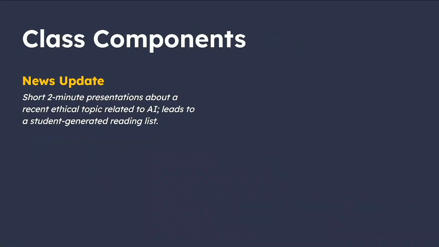So the course has 4 major components to it. The first is a news update. I create the reading lists for this course about a month before they start, which means by the end of that semester, it is outdated because it's AI. So I have some foundational readings, like what is a learning algorithm, that isn't really going to change in the course of that semester. But then the students actually generate the rest of the reading list.